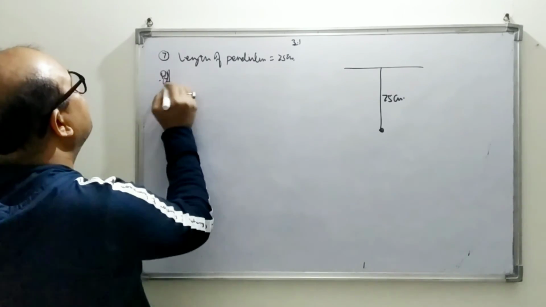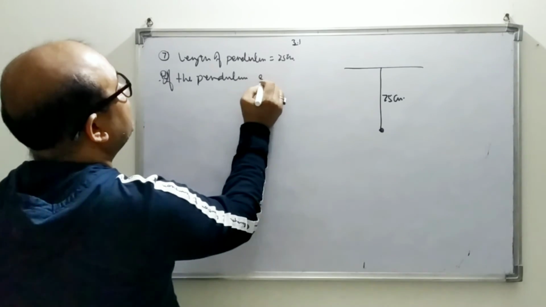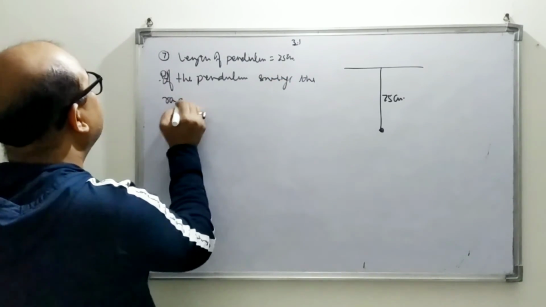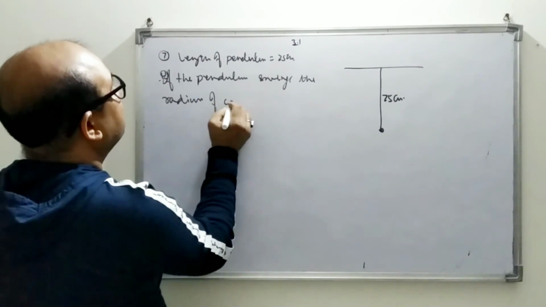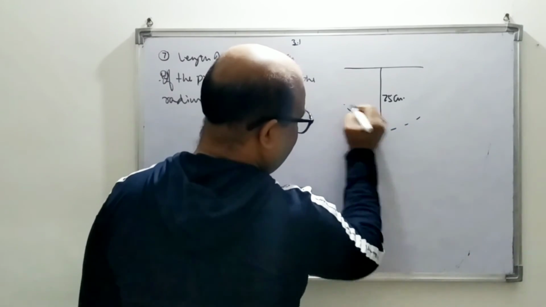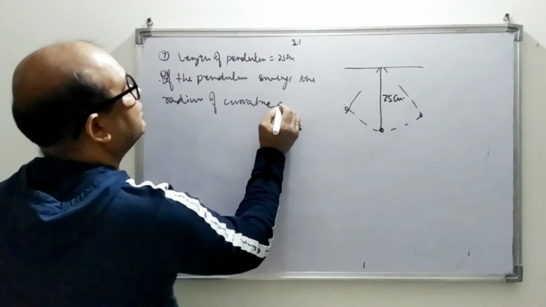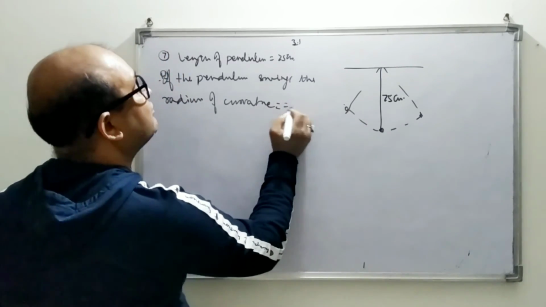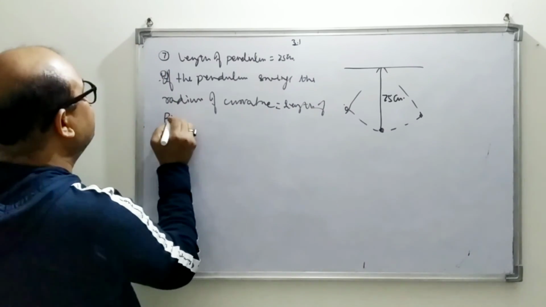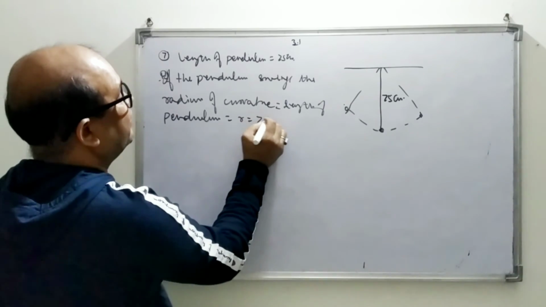Therefore, if the pendulum swings, it will make a curve like this. So the radius of curvature equals the length of the pendulum, that is R equals 75 centimeter.